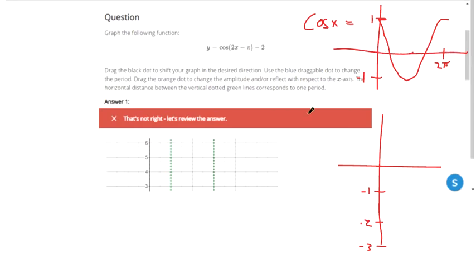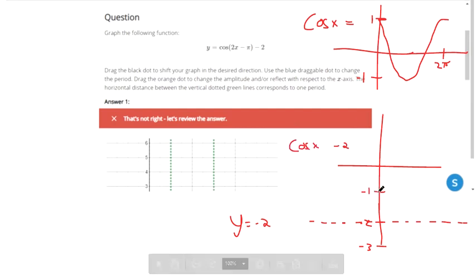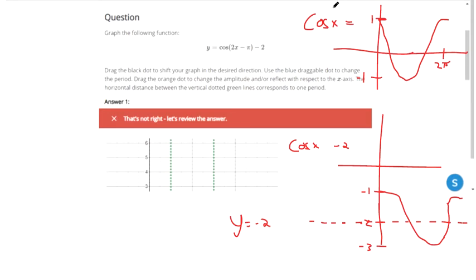The midline is now y equals -2 because of this part right here. So we should see it's symmetrical going horizontally there. Okay, and then it does the normal wave. This is cosine of x minus 2. So we're getting an idea of our graph by slowly modifying that original cosine of x graph.